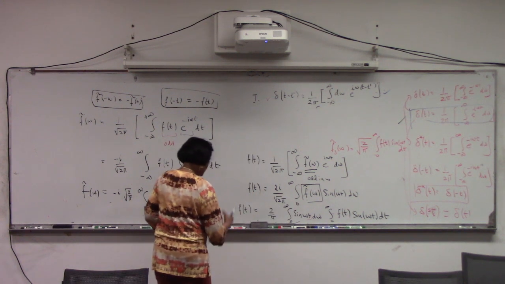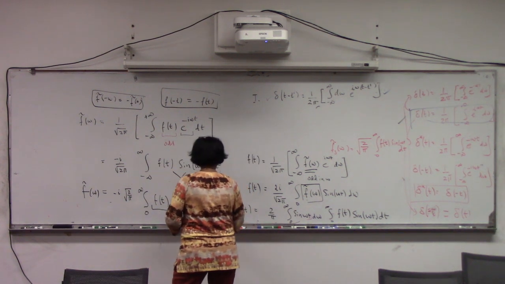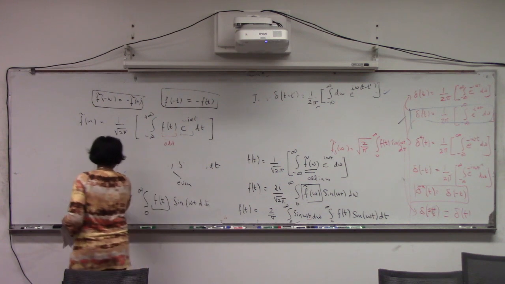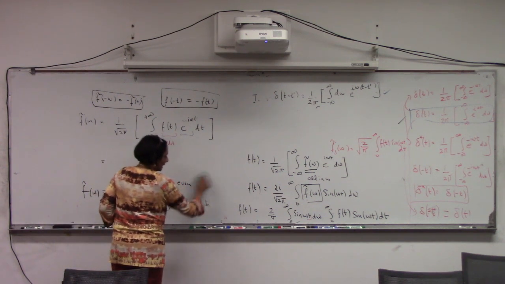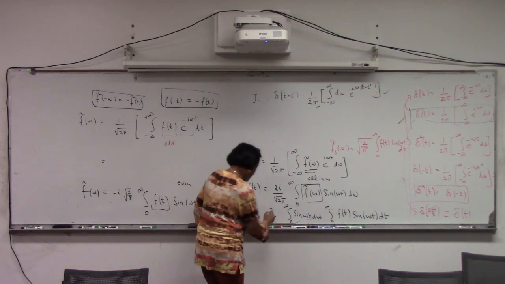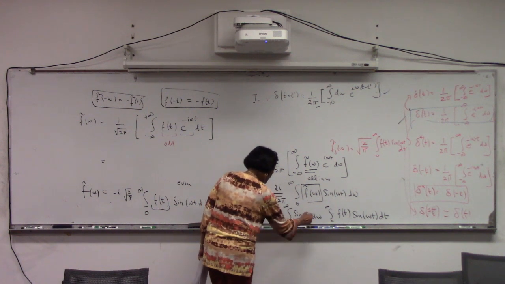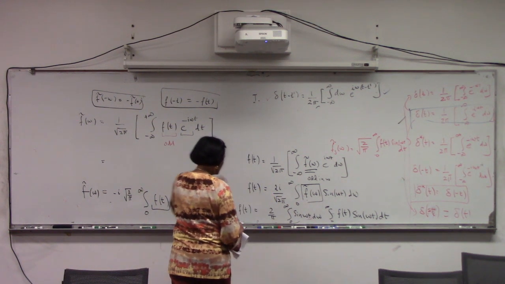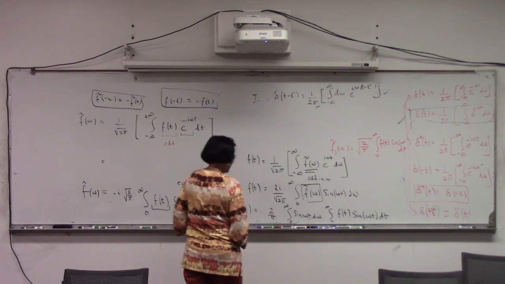All right, so just as we had written a definition for the Fourier transform from scratch, I have this expression. Now I'm going to distribute this 2 over pi equally here and there.